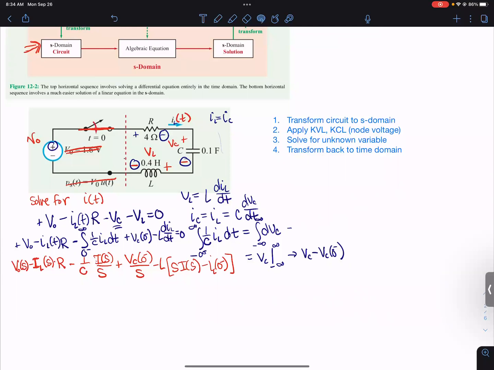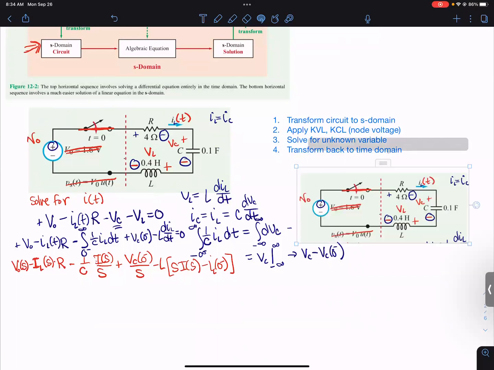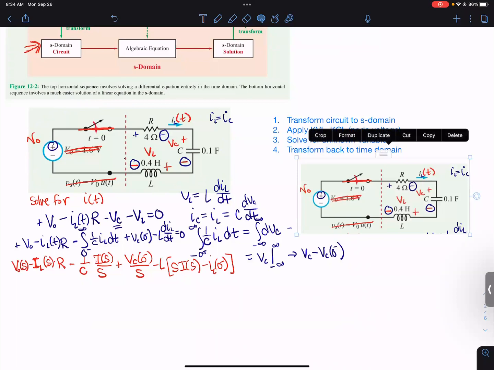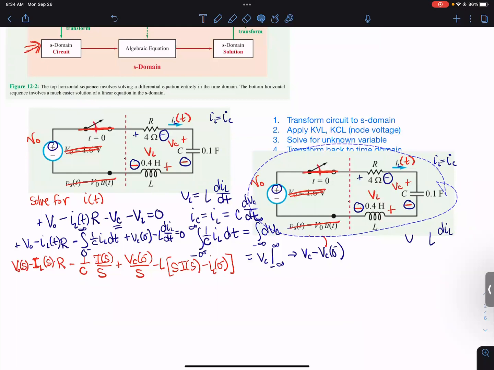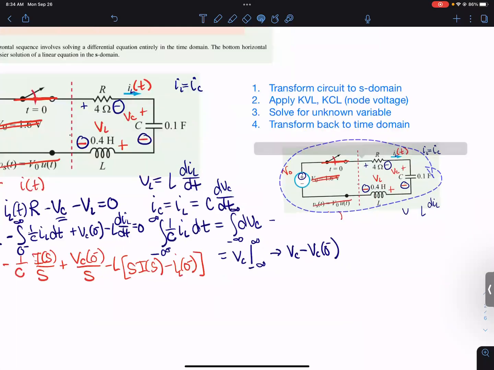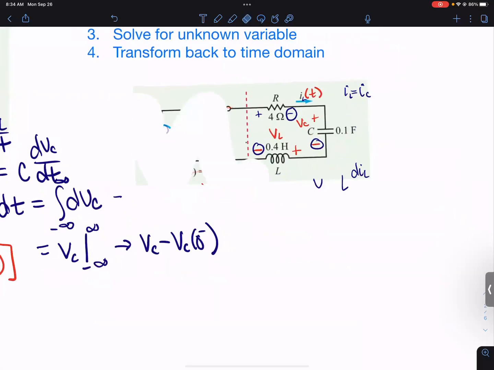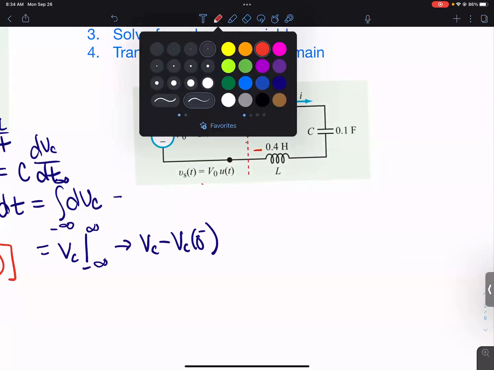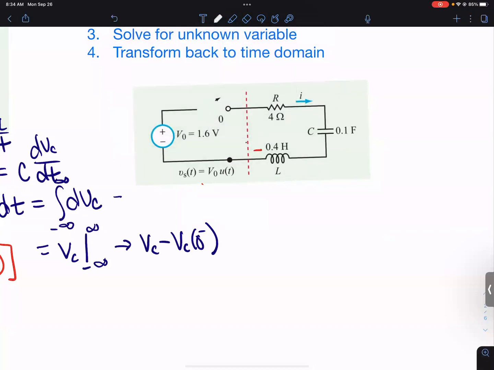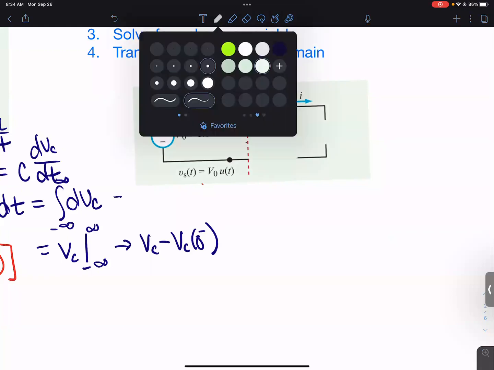I can redraw that. So the switch is open.